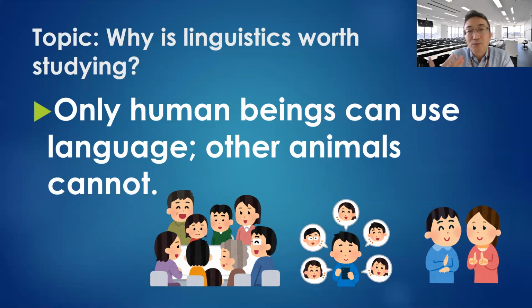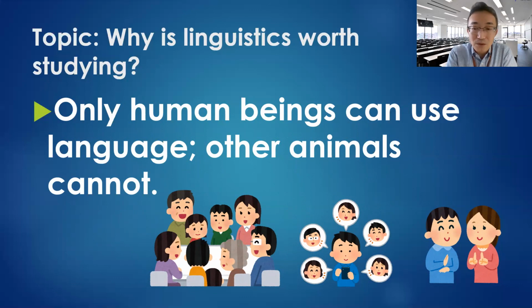Okay? We can communicate by our hands. And the sign language has its own grammar and its own syntax. So that's one of the variations of human language.